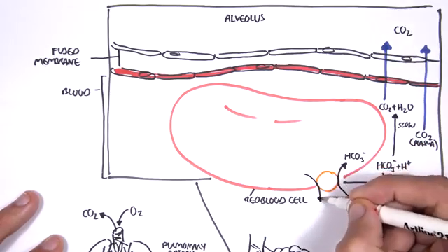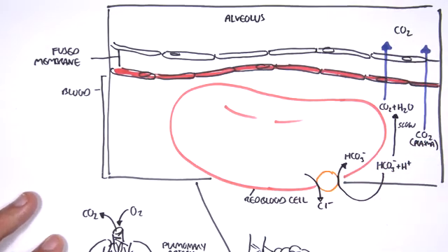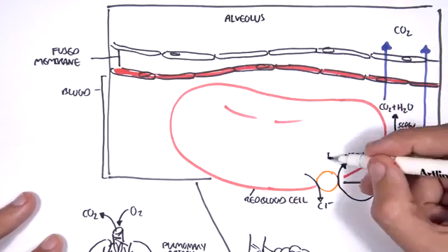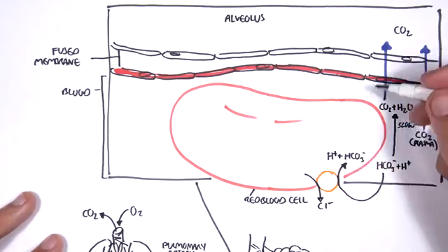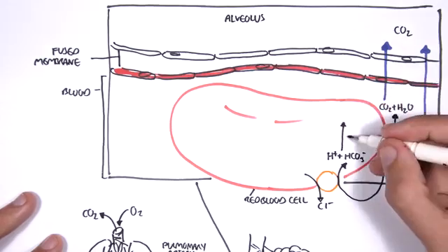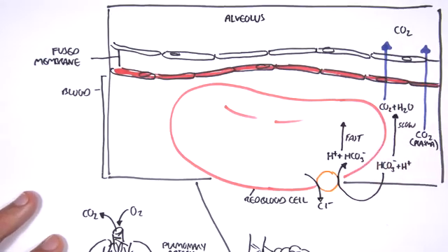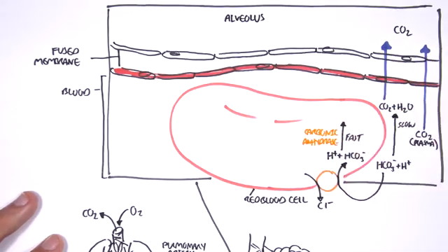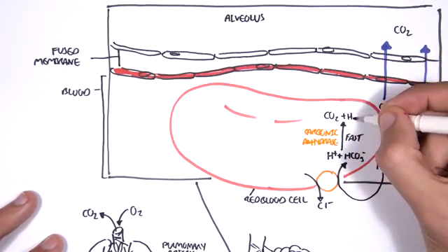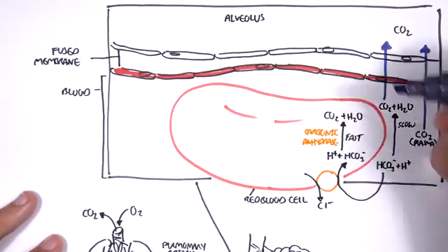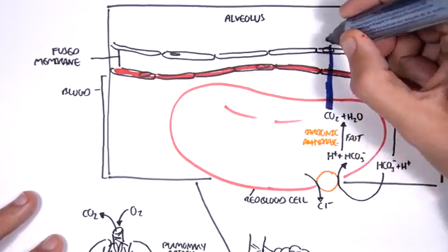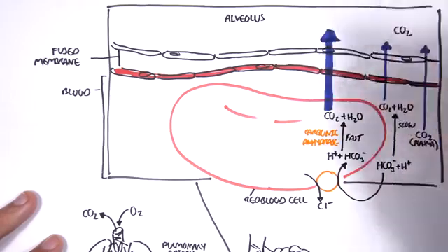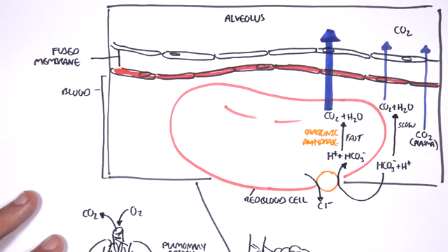Within the red blood cell, bicarbonate can react with hydrogen ion, and through a fast process and with the help of the enzyme carbonic anhydrase, the bicarbonate and hydrogen reaction can form carbon dioxide and water. And it's fast compared to the outside because there's an enzyme present. And then this carbon dioxide can just exit the red blood cell and enter the alveolus.